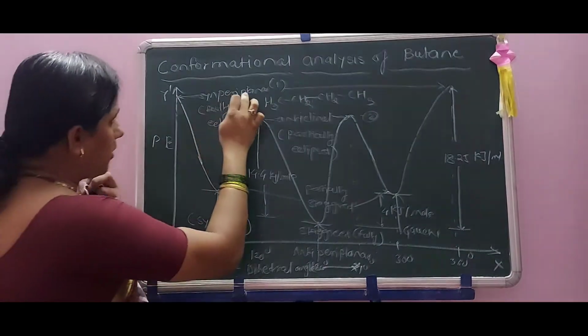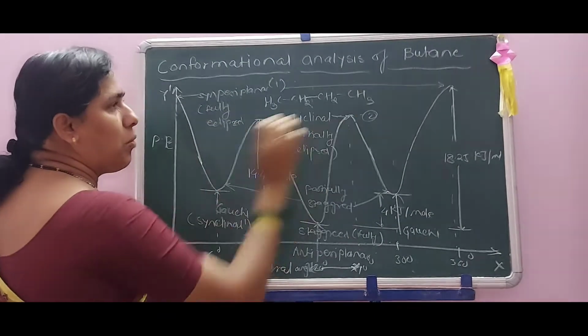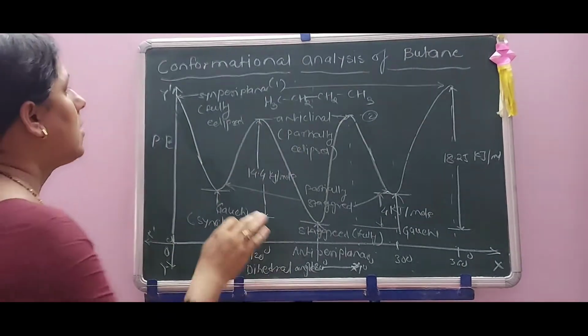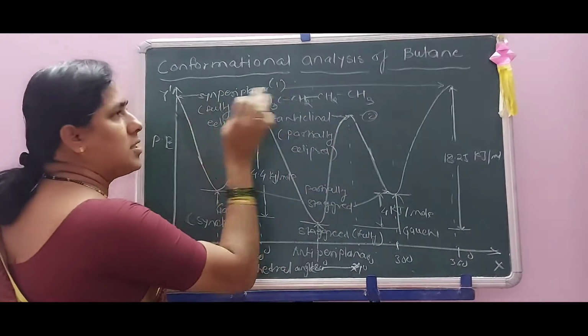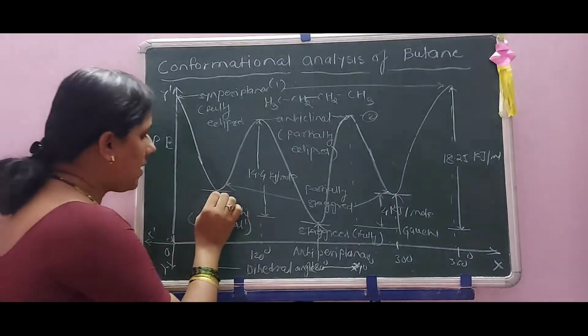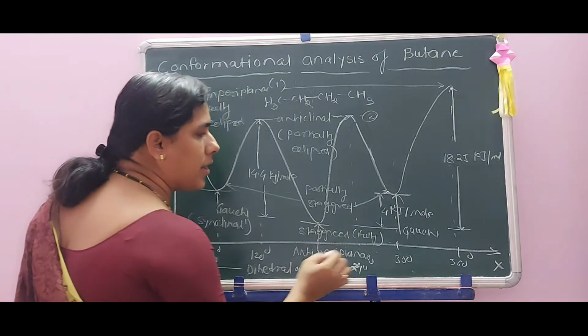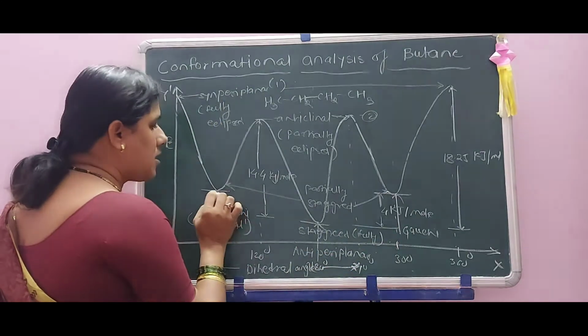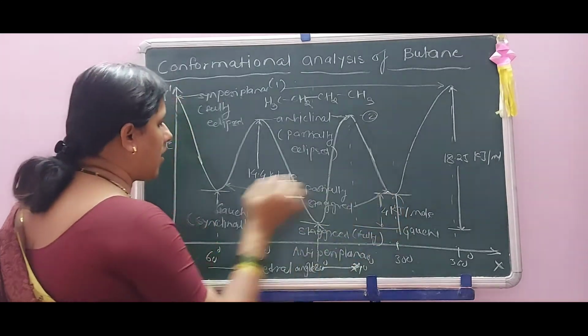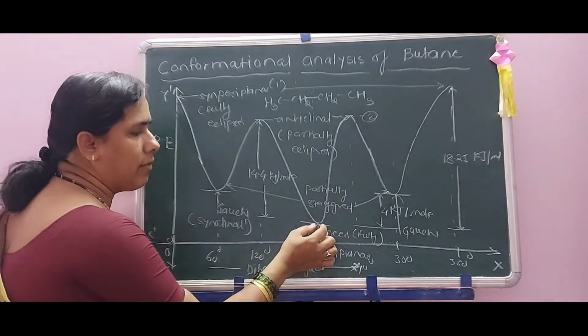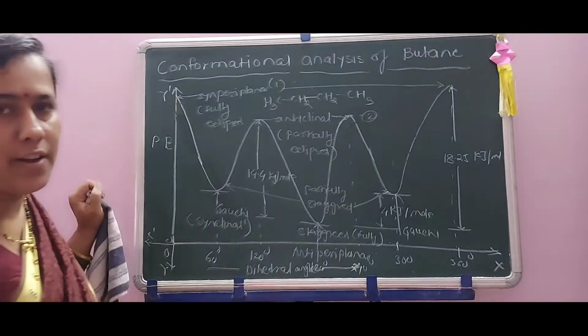That is 3 peaks, but 2 are of the same height and 1 is of a different height. Similarly, in the staggered conformation also, 60 degrees, 180 degrees and 300 degrees. 60 and 300 are of equal height, while 180 degrees is of a different height.